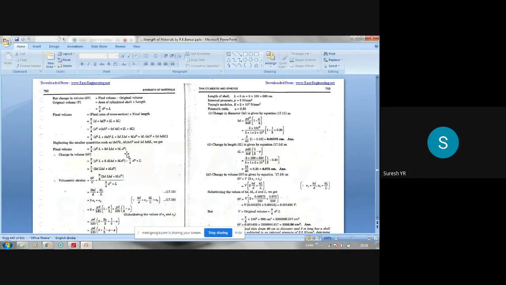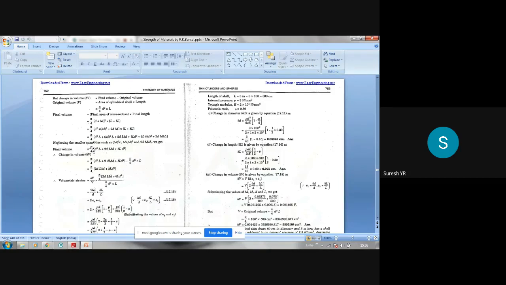If you neglect those terms, you will finally get only 3 terms. So you can neglect the delta D square into delta L term, the delta D into delta L term, and also the delta D square into L term. The remaining terms only we have to write. So those 3 terms are taken. This becomes your final volume.